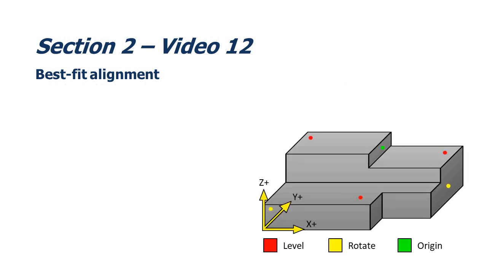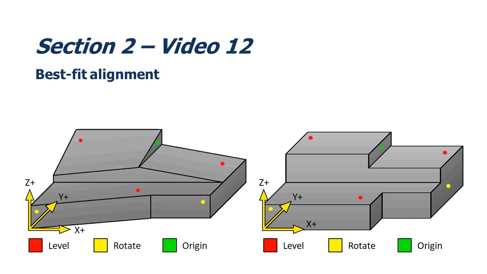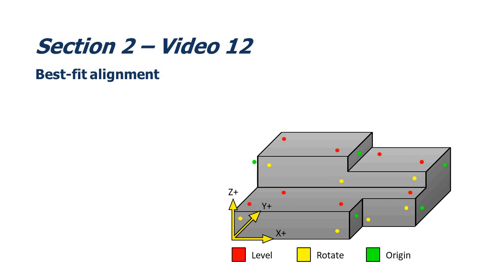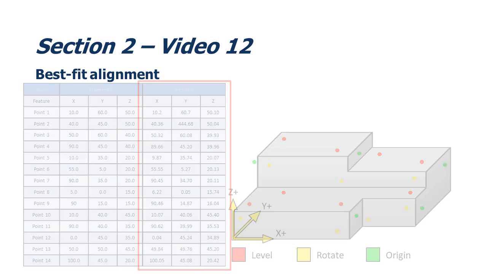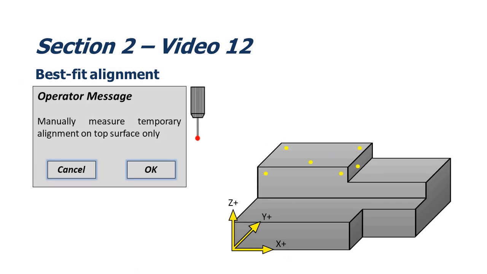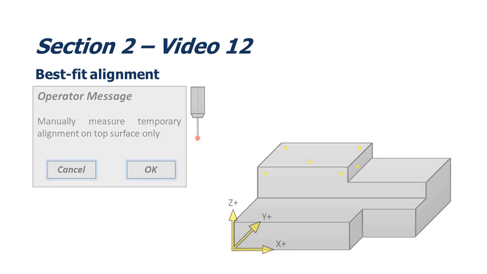We'll look at a 6-point best fit alignment, describing the principles using a simple prismatic component, and then another look using a more complex component. We'll discuss a multi-point best fit alignment and discuss how deviations are spread among the datum features, and how it differs to a 6-point best fit alignment. Finally, we'll discuss some of the practicalities of working with a best fit alignment and a few methods of simplifying their use.